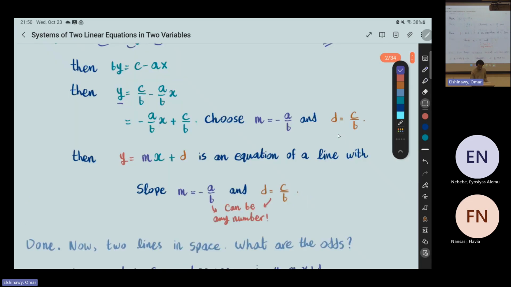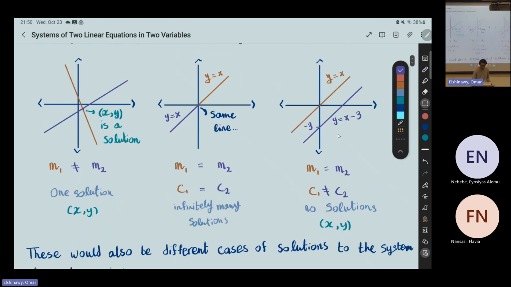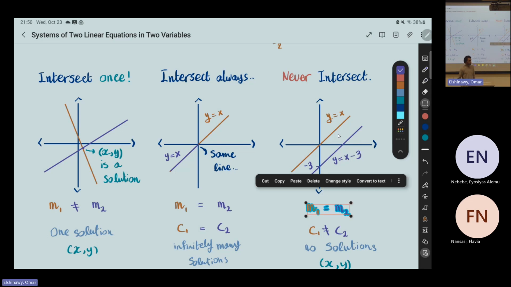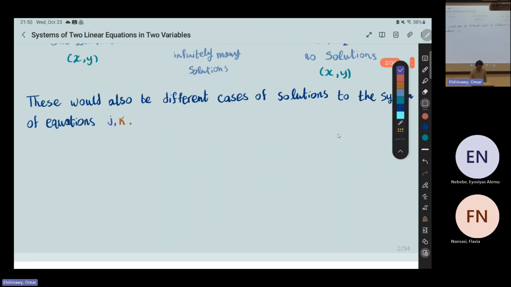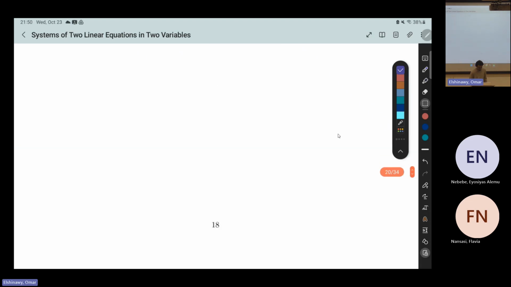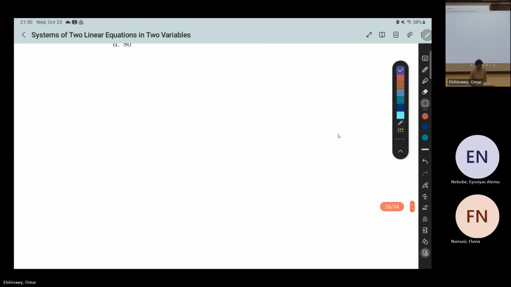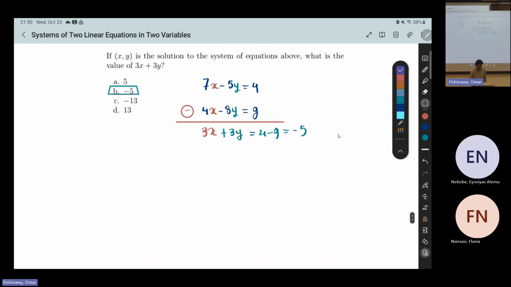And if you look at this now, it's just a case where you have them parallel to each other. So we would like to have them parallel, meaning we would like to have them with the same slope. So if we choose the value that gives us the same slope, then we are done, right? So there you go.